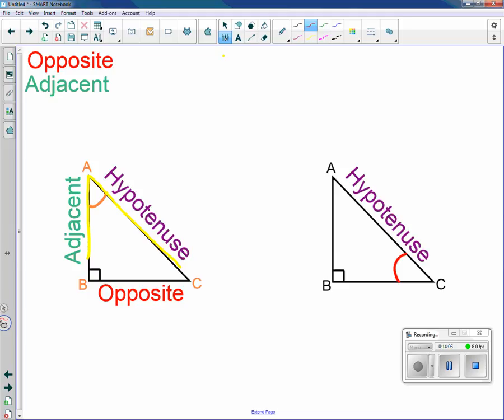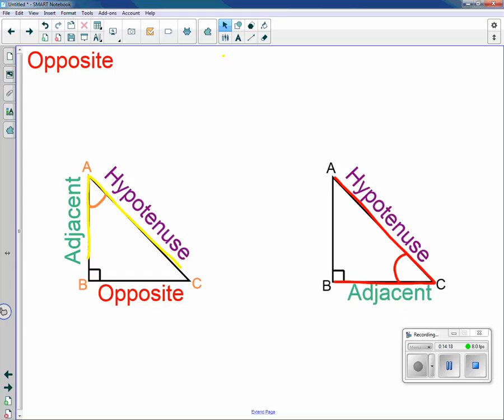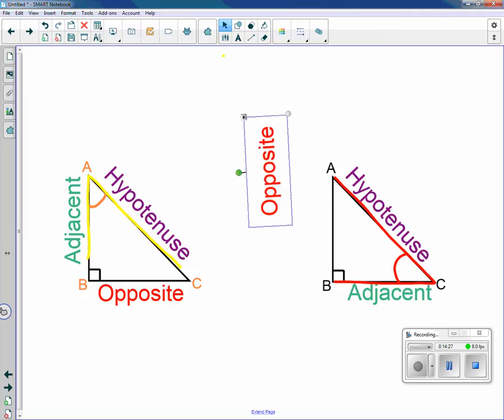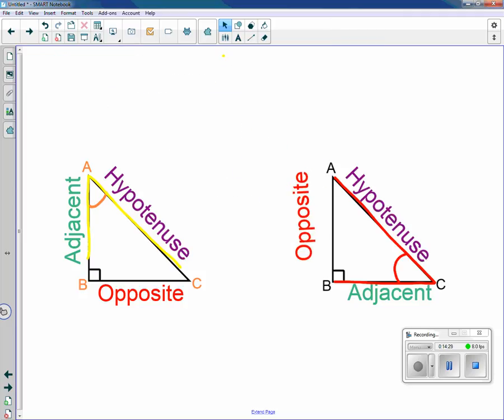BC. If you need to, remember, I can highlight the angle that I'm talking about. The other side that is highlighted, you have to know your hypotenuse. The other side that's highlighted is your adjacent. And then your opposite side would be no gets an O. The opposite side is the one not highlighted.